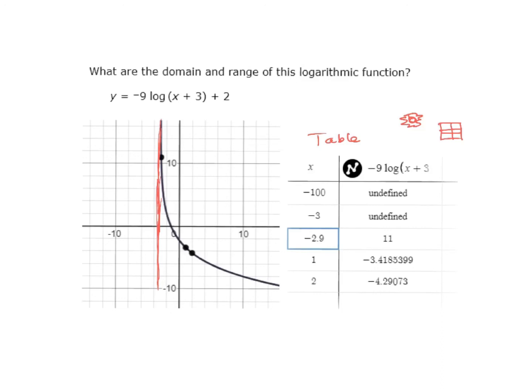And what I did was I plugged in the value -3 and saw that it was undefined, and then I plugged in the value -2.9 and saw that it gave me an actual value. So I guessed that I have an asymptote here where x cannot equal -3.